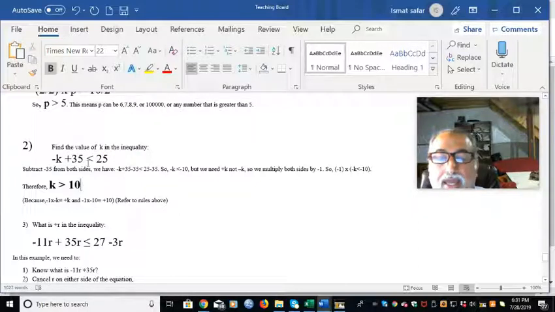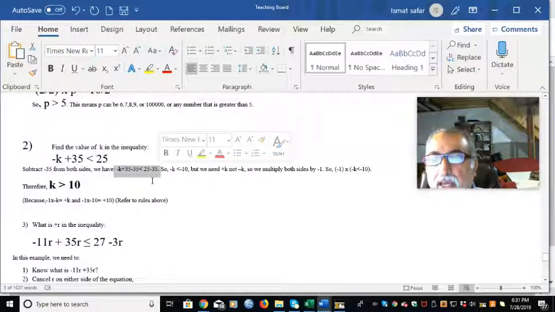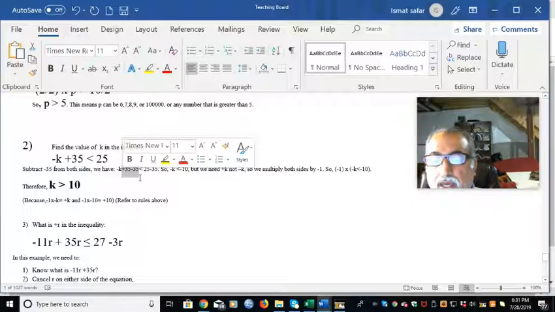Now subtract 35 from both sides, so we have negative k plus 35 minus 35 less than 25 minus 35, right? Because like I said, we subtract 35 from both sides of the equation. Now this cancels, and 25 minus 35 is negative 10.